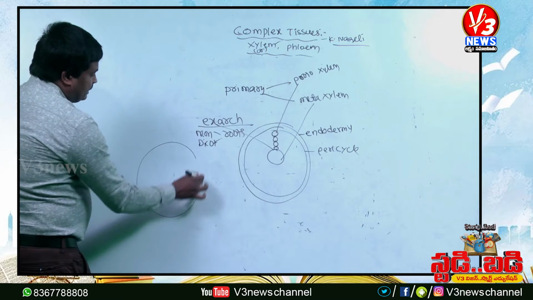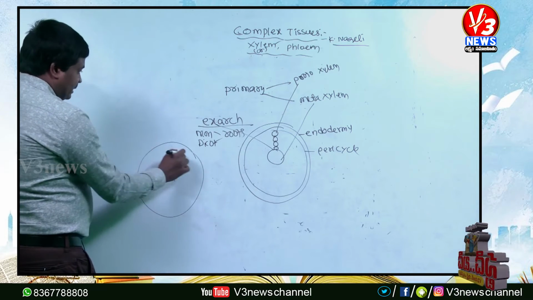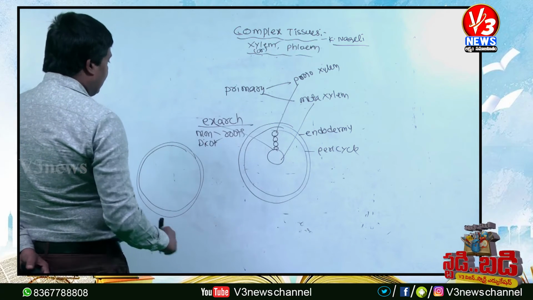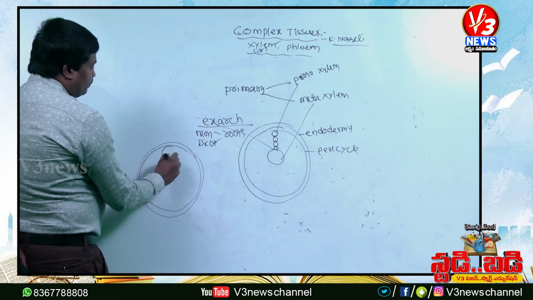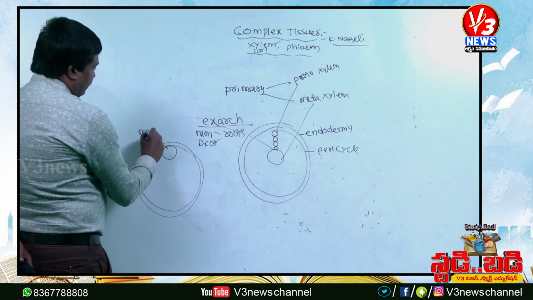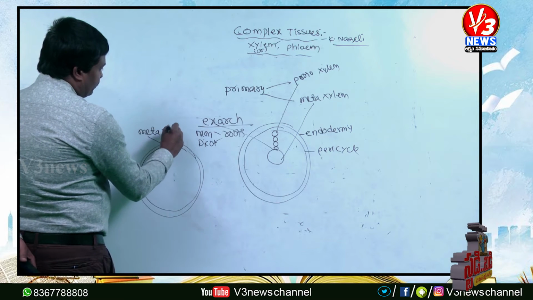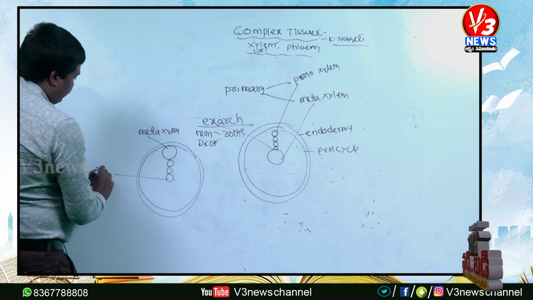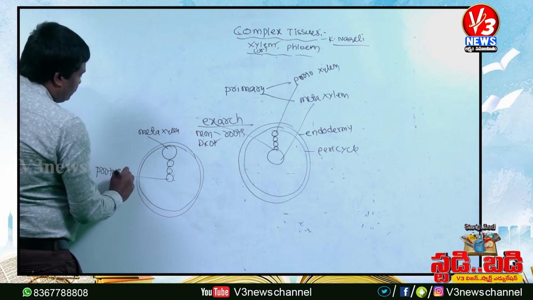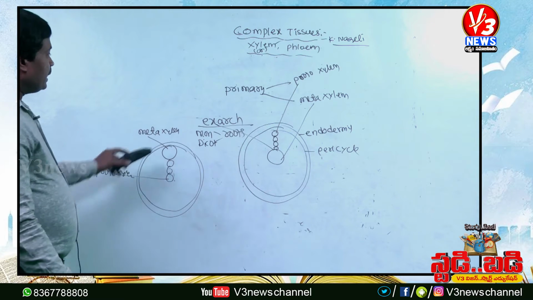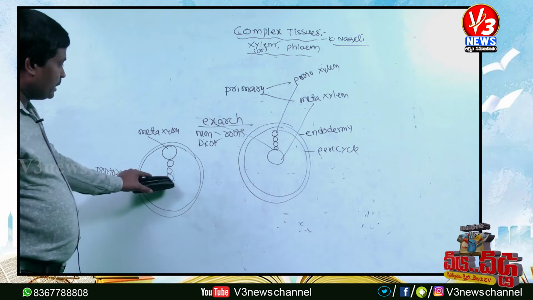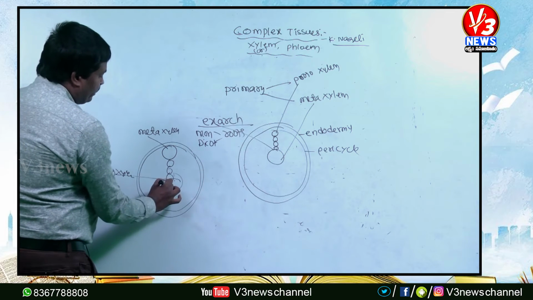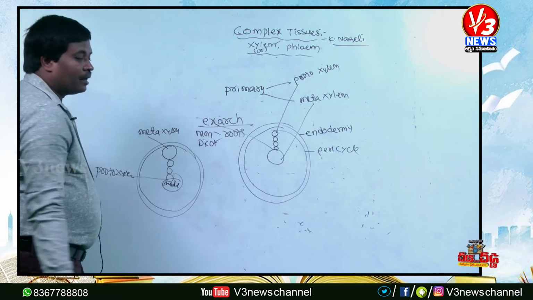For example, this is the endodermis, and this is the pericycle. Then this is the metaxylem, and this is the protoxylem. So the metaxylem is towards the pericycle, and the protoxylem is towards the medulla, this portion, the medulla or pith.